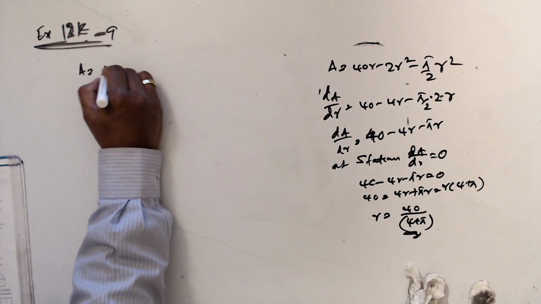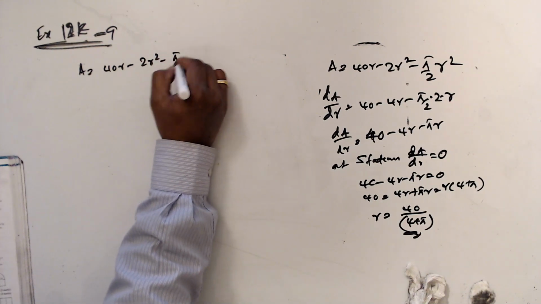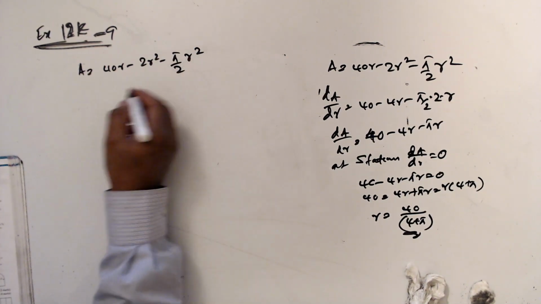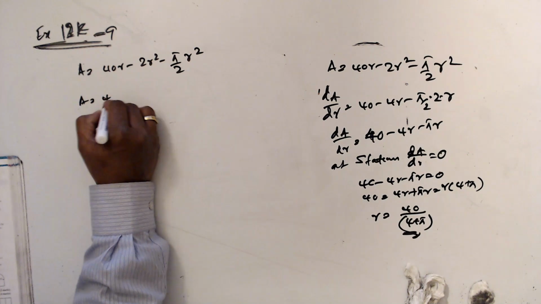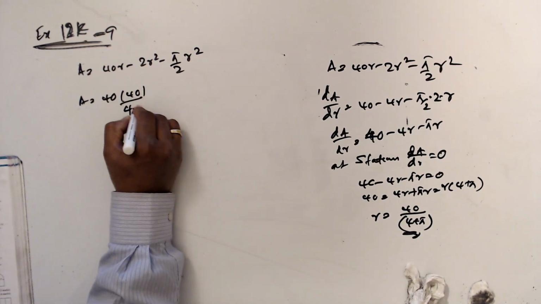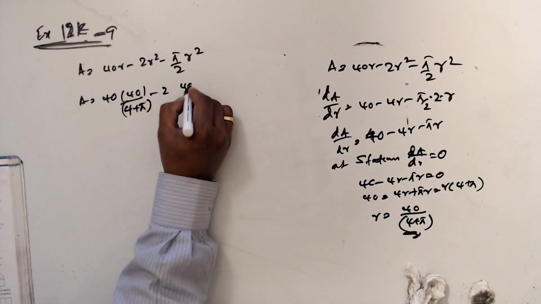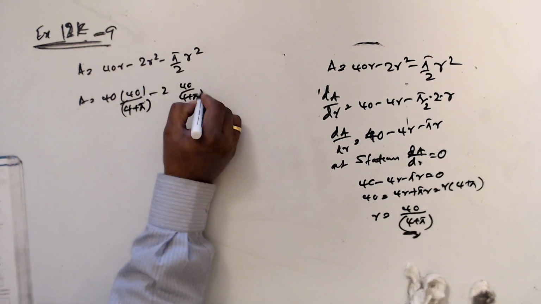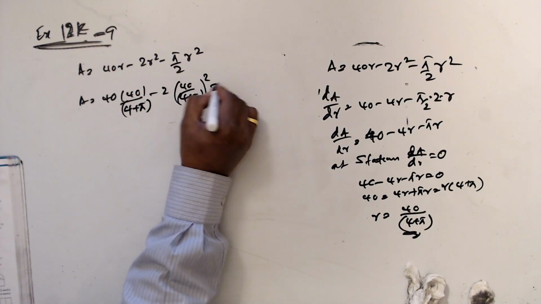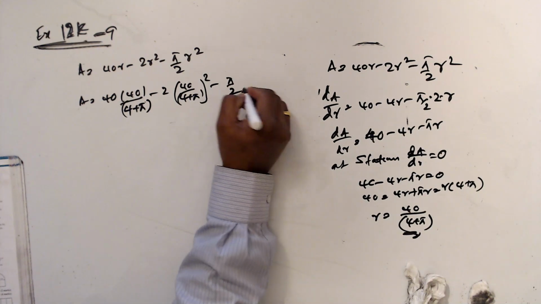A equals 40R minus 2R square minus 5 over 2 R square. So A equals 40 times R, where R equals 40 over 4 plus 5. Then 2 times 40 over 4 plus 5 square, and minus 5 over 2.